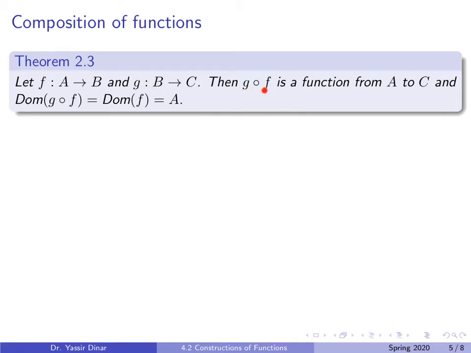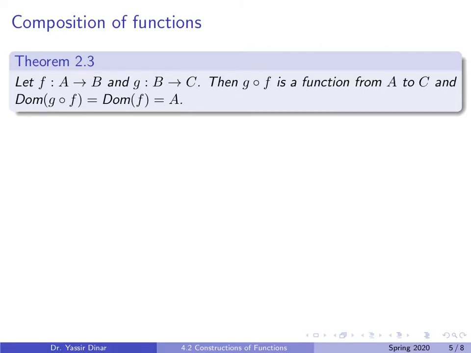This is a relation from A to C. And the theorem says that it is always a function from the set A to the set C. Moreover, the domain of your new function, g circle f, is equal to the domain of the first function f, which is equal to A.